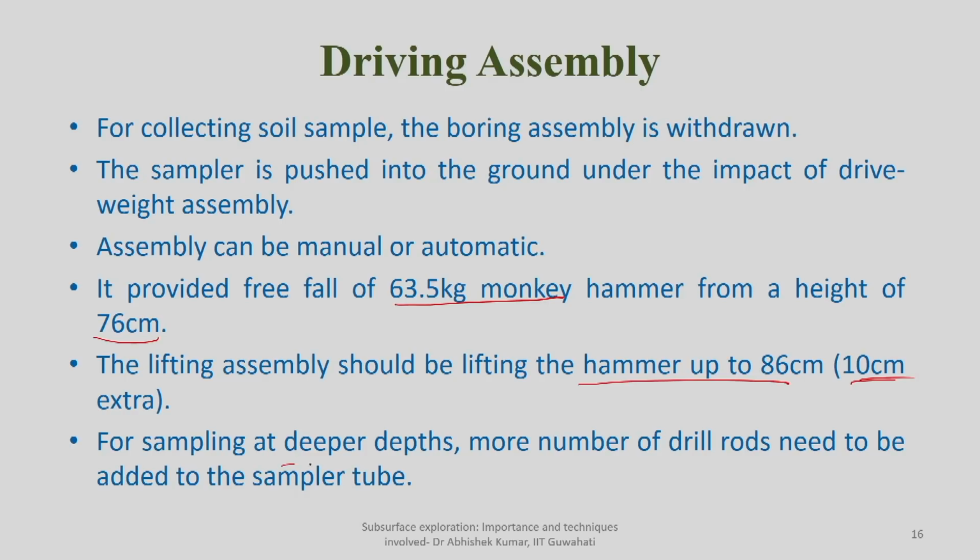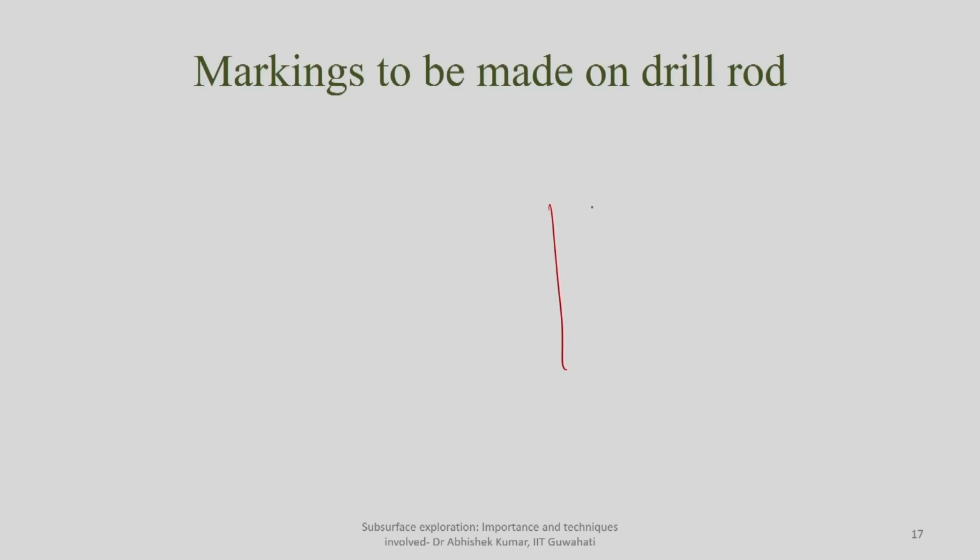For sampling at deeper depth, use more drill rods. Depending upon the length of the rod and the depth you are exploring the soil sample, you keep adding more rods so that you can penetrate to deeper depth and then do the test. Markings, as I told you: suppose this is your drill rod and this is your ground level, you mark 3 locations here, which tell 150 mm, 300 mm, 450 mm.